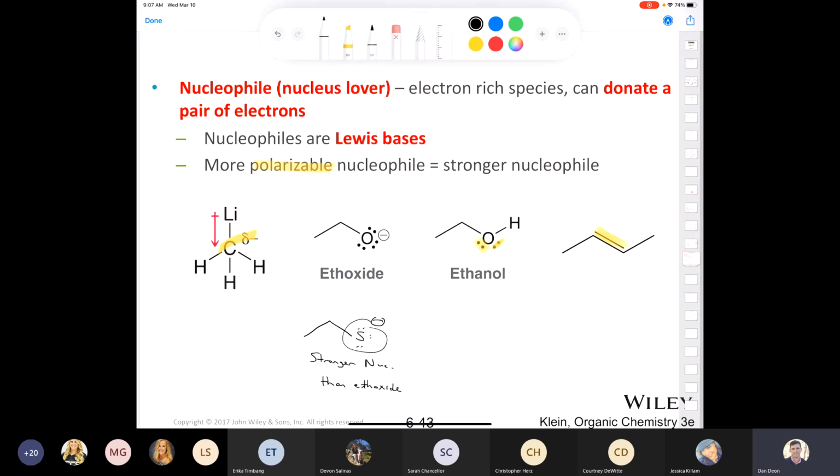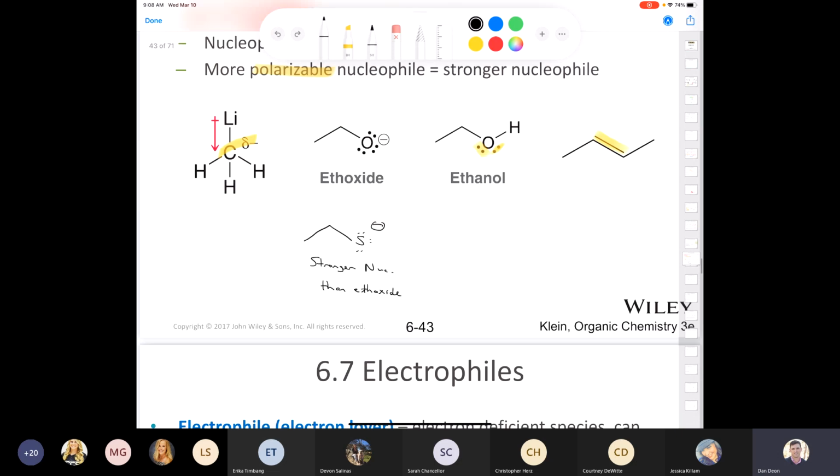Because the sulfur atom is bigger, right? If you go down group 6A, you go from oxygen to sulfur. Sulfur is a bigger atom, so therefore its electron cloud can become more distorted, and therefore it's going to be a stronger nucleophile. I'll go over that concept with you again before the course is over, but there we go.